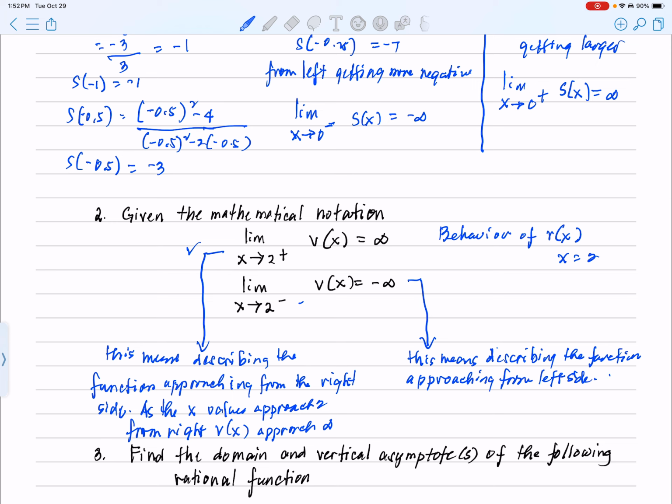As the x values approach 2 from the left, our v of x approaches negative infinity.